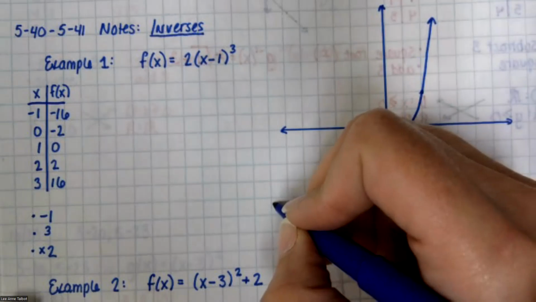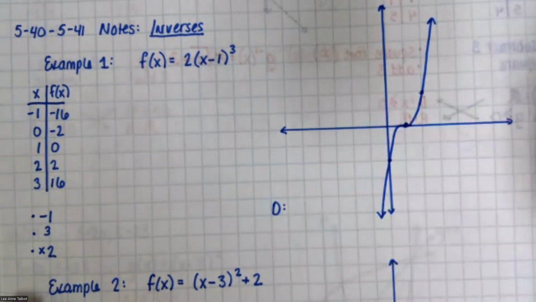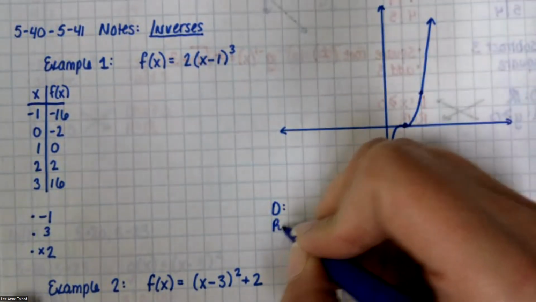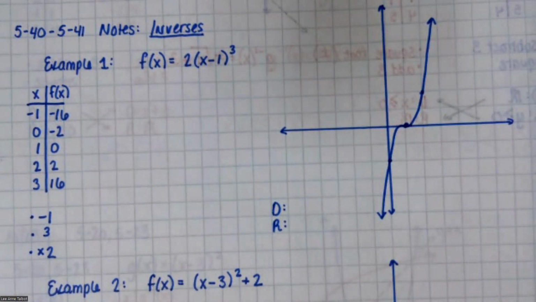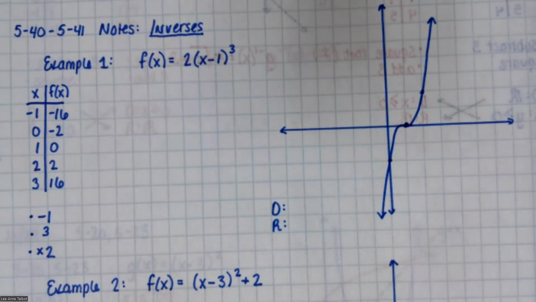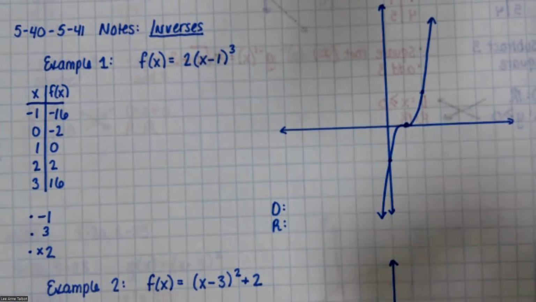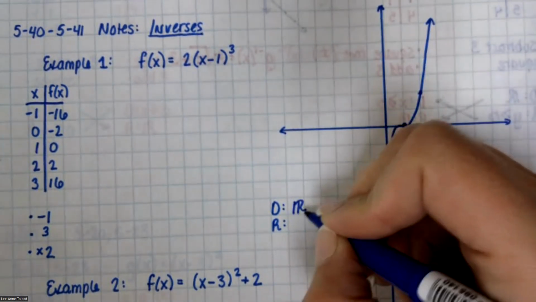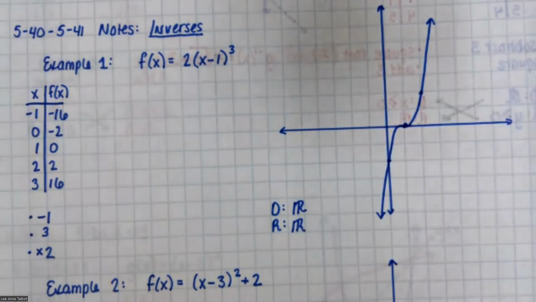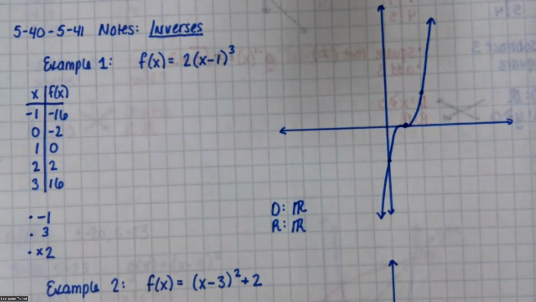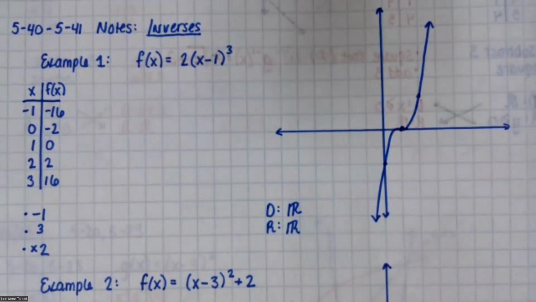Okay, and there's one more bit that we need to make sure to do in blue pen before we move on. Although cubics are my favorite domain and range. You guys know what the domain and range are of every single cubic forever of your whole life? Yeah, all real numbers for both. All right, so that's everything I can do with the blue pen.